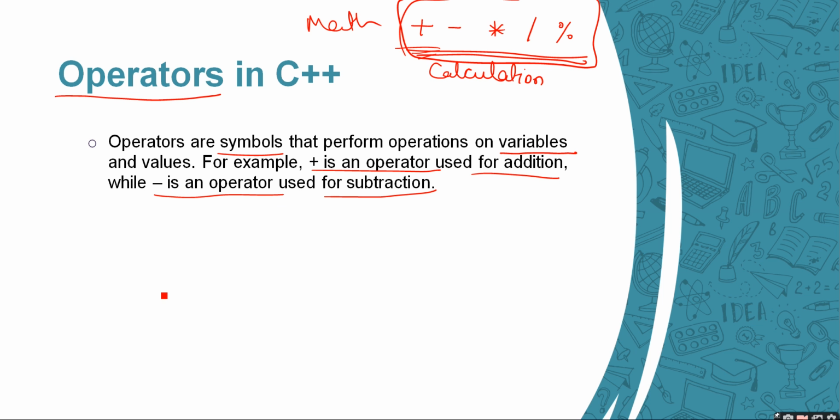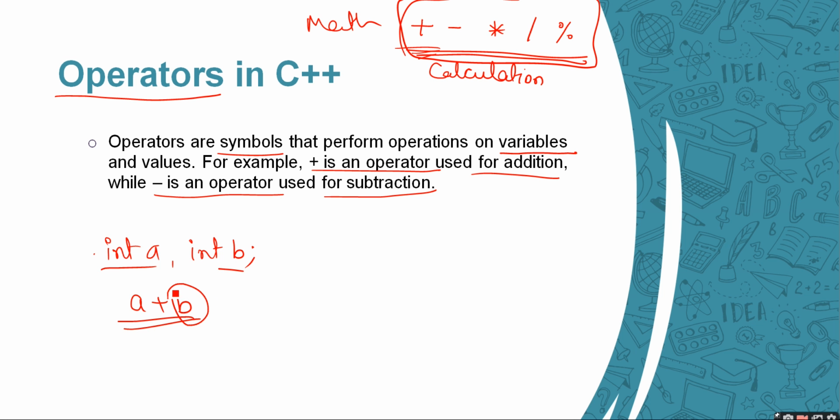So why do we use operators? Let's say I want to create a function to add two numbers. In programming language, we need to define each and every instruction to the computer. So I will declare two variables, int a, int b. On those variables I will write a plus b.